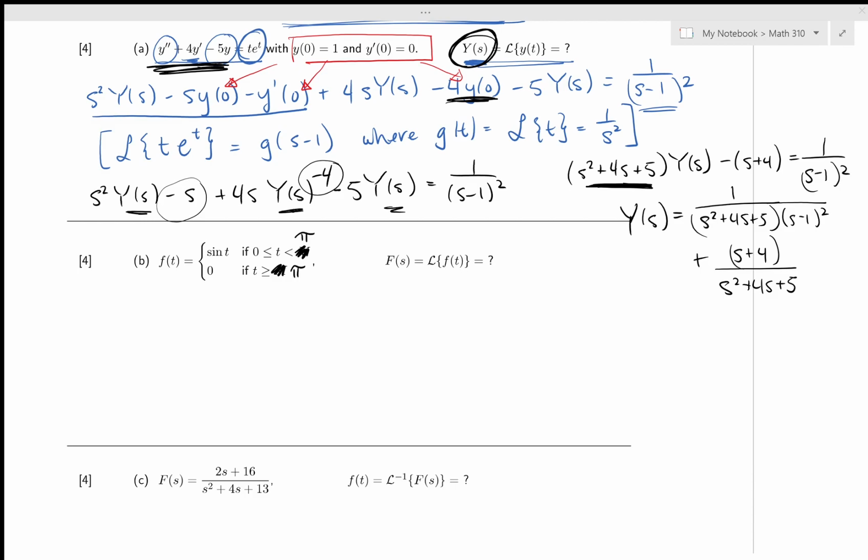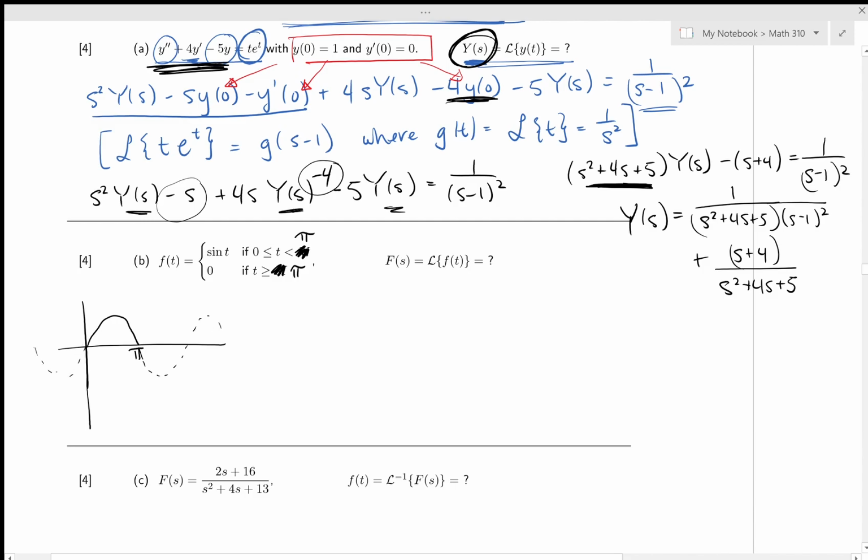I'm thinking here for a second. Let me just draw it. So the function looks like this. There's the sine function, and that value there is pi, and then it's 0 otherwise. So I am thinking of applying the sine function would be obviously continuing here.